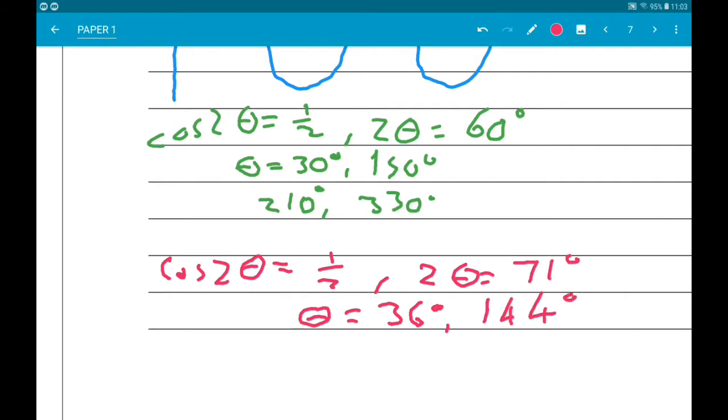And then again, to get the next pair, add 180 to each of these. So we're going to get 216 and 324.